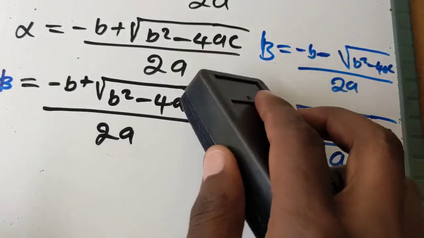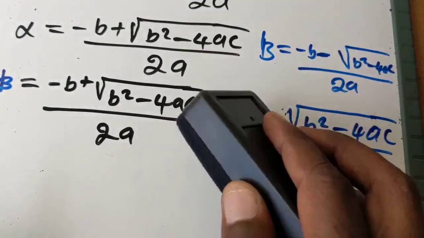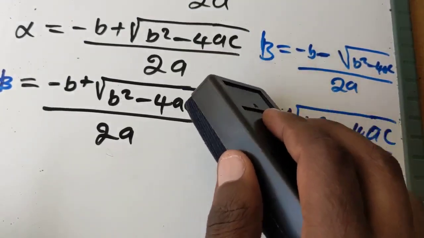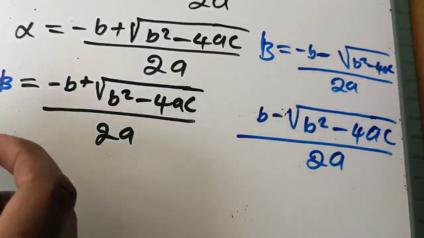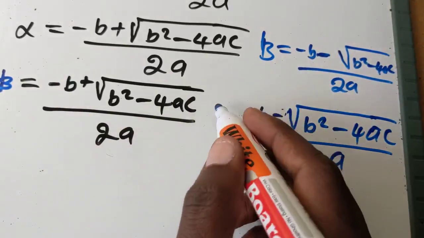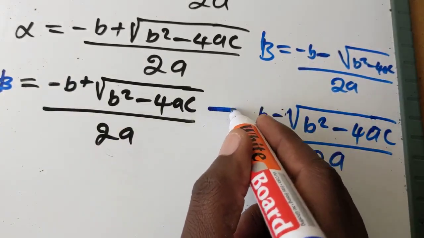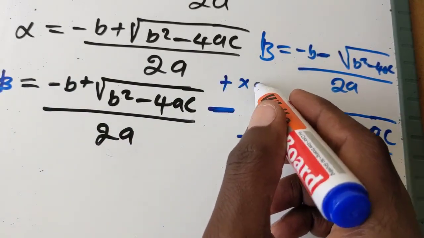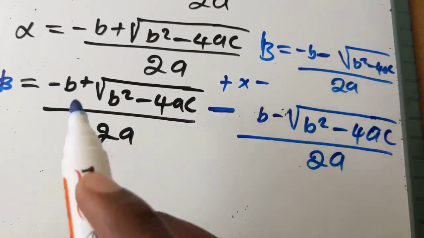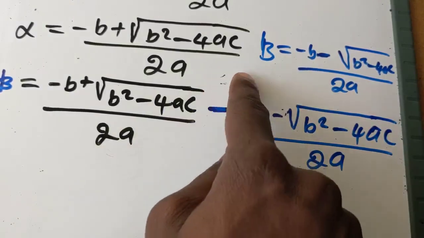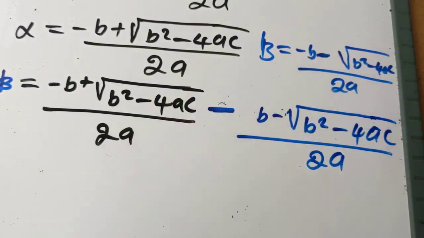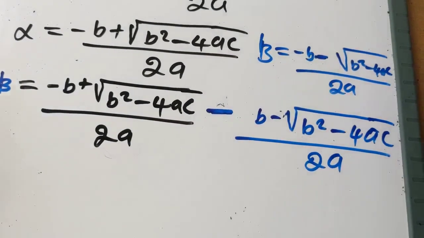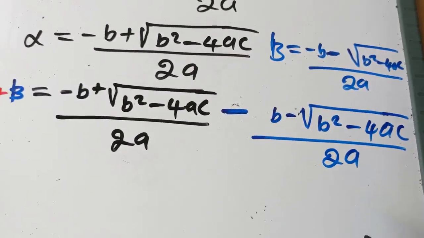So let's just put a negative here, because positive times negative is equal to negative when you are multiplying different signs. That's how you deal with it.